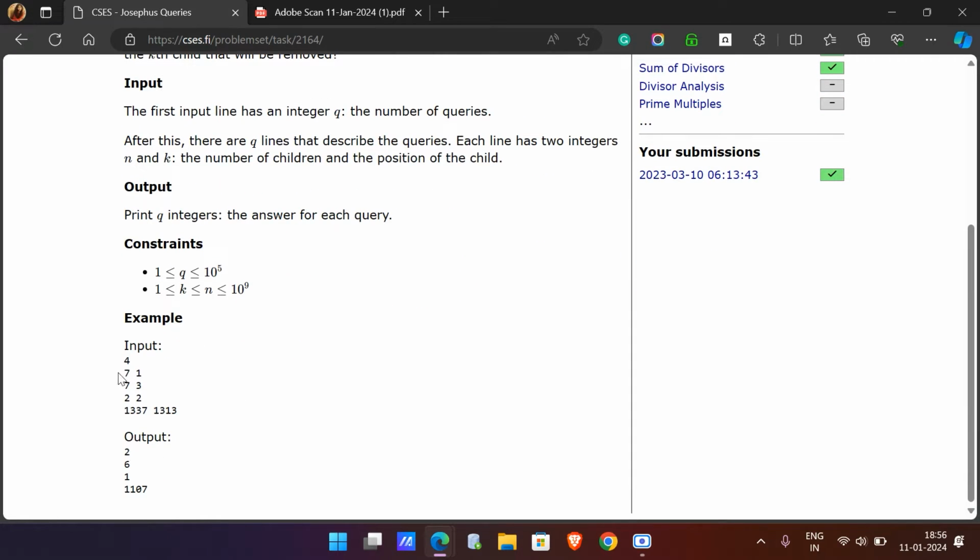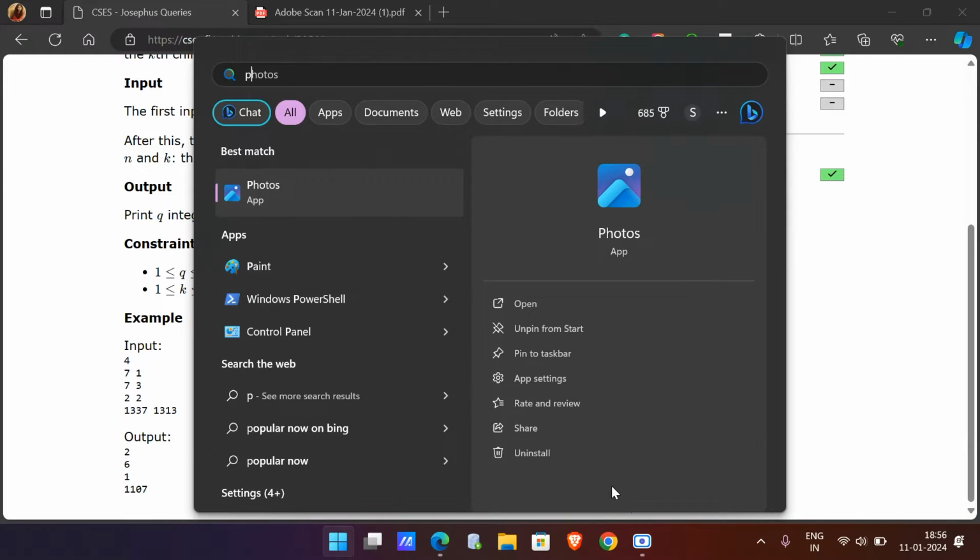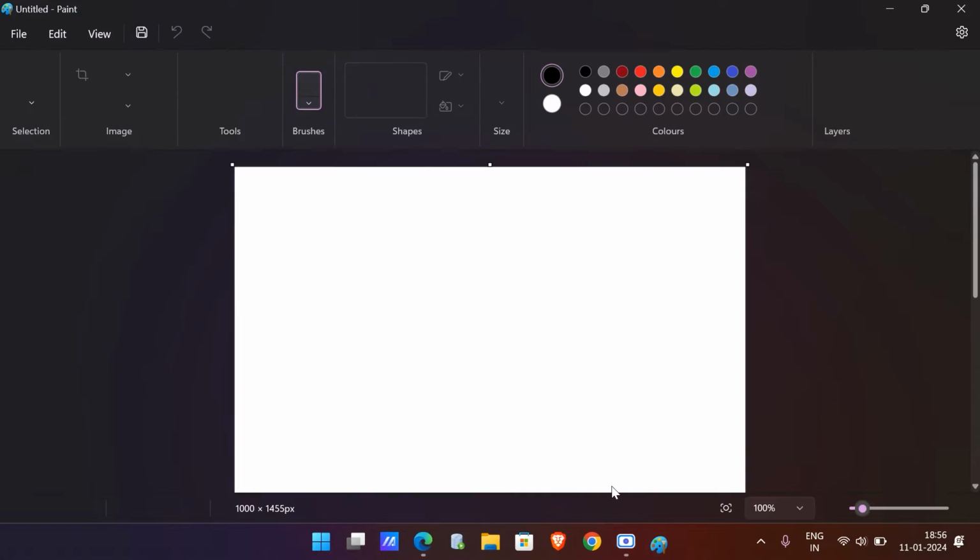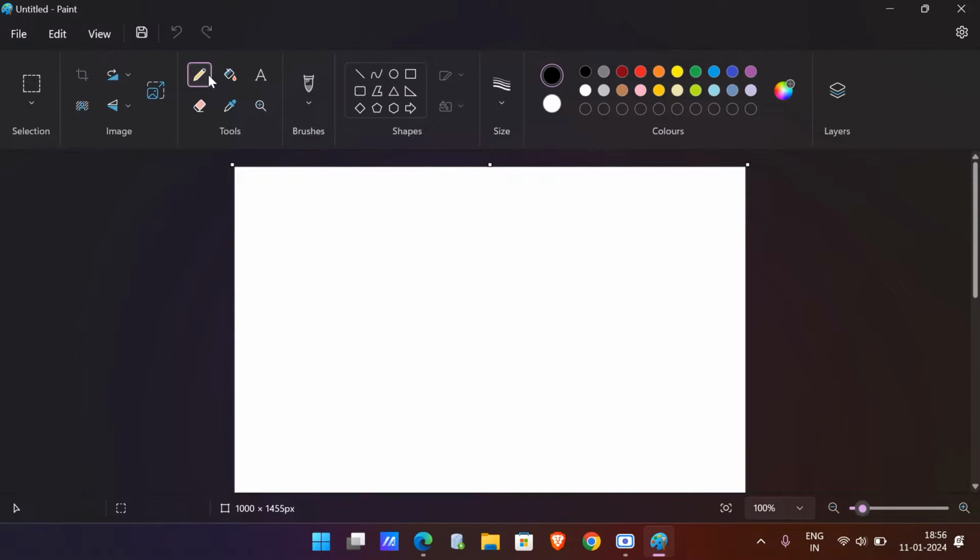So if I take the query with 7 and 1, let me paint it. 1, 2, 3, 4, 5, 6, and 7. In the first turn, 2 would be removed because every second child is removed.